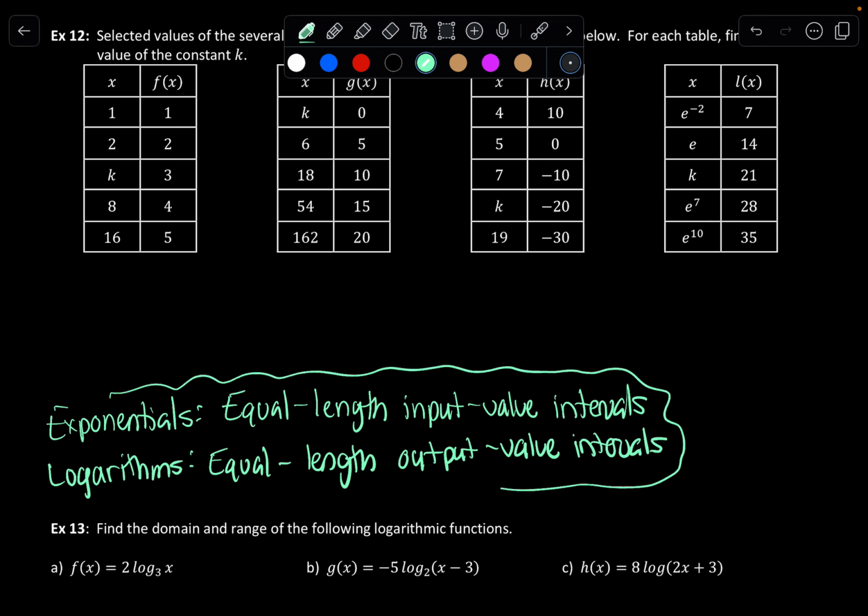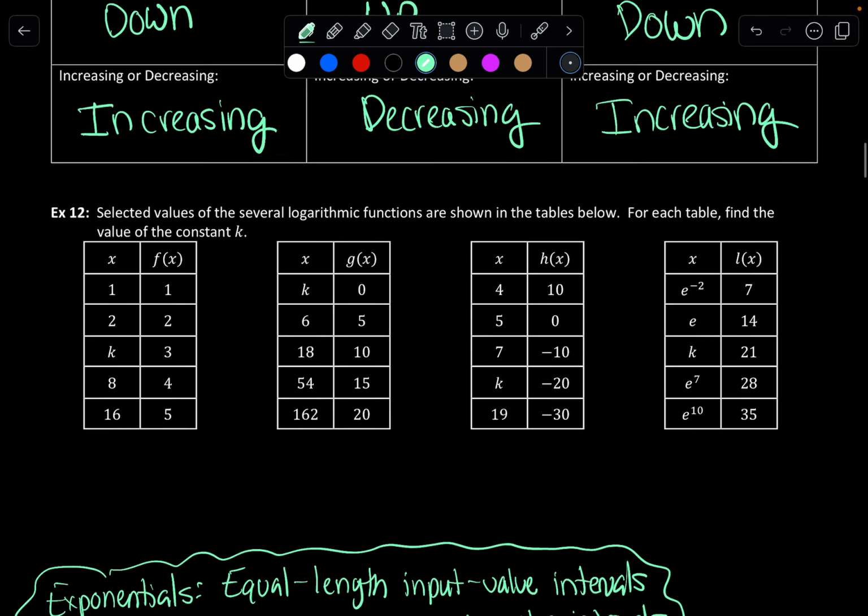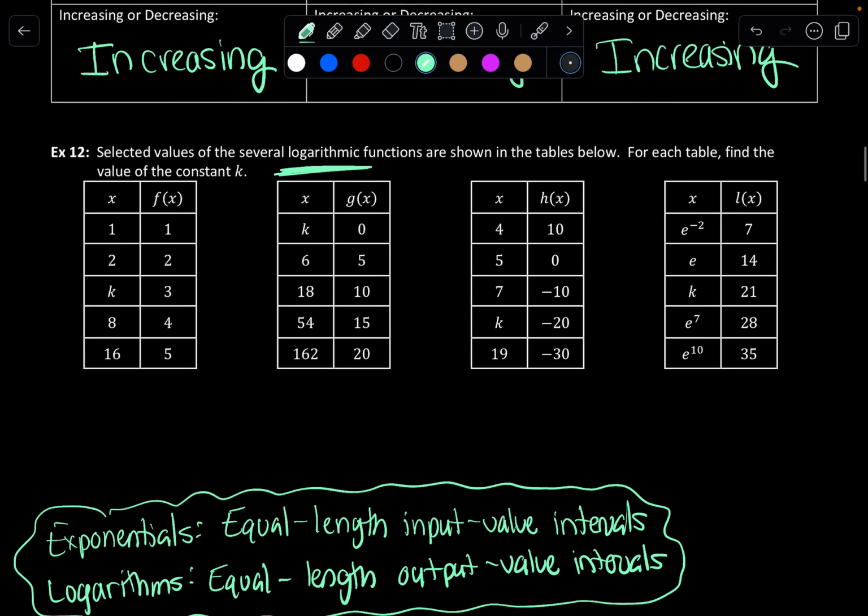With our exponential tables, we would focus on how the outputs were changing. For your log tables, you have to focus on how the inputs are changing, okay? So you're going to look for that ratio and how it relates with the inputs. Now, this tells us that it is a log function, so it has to have that relationship, okay?